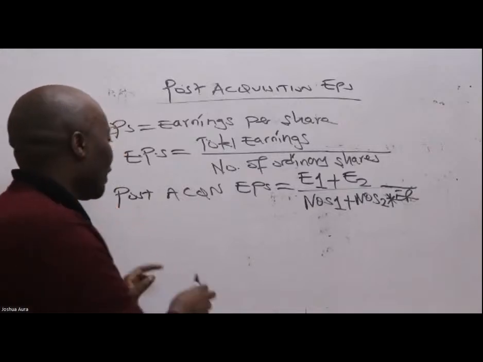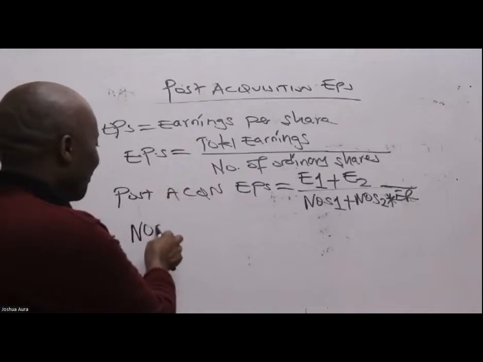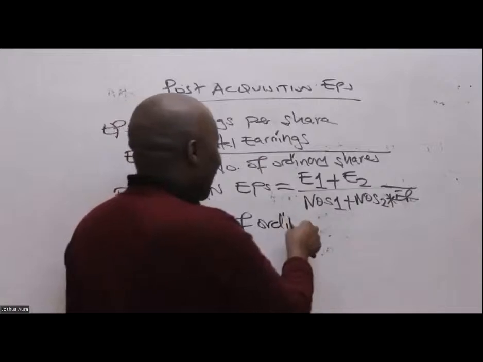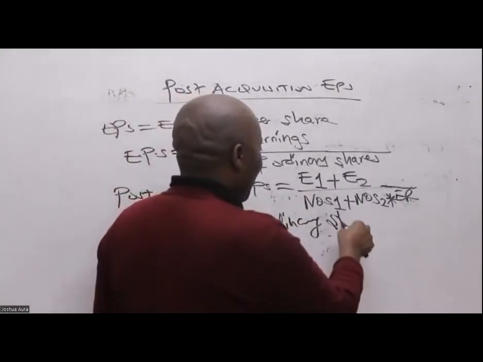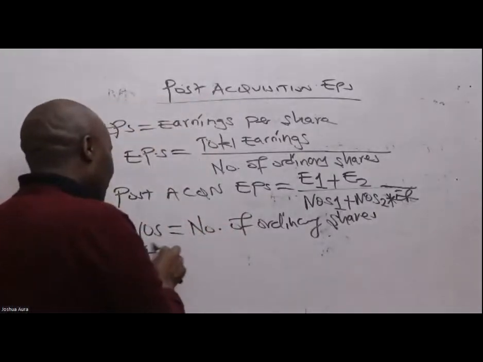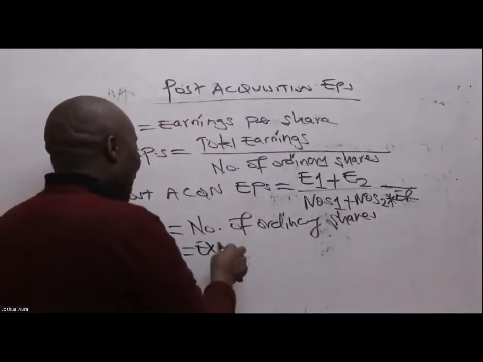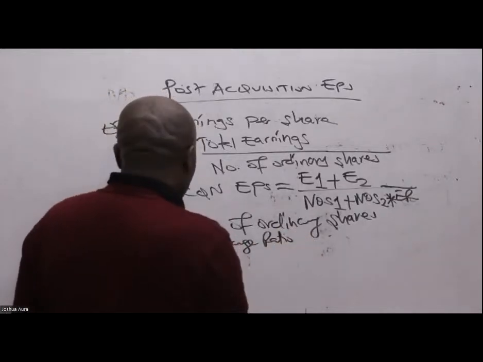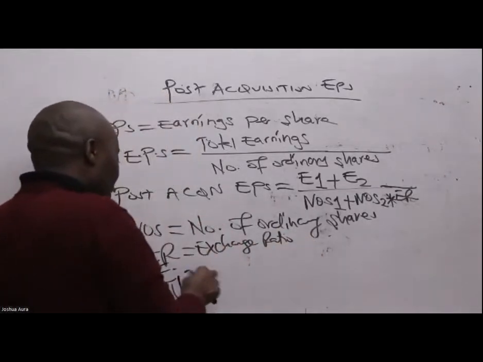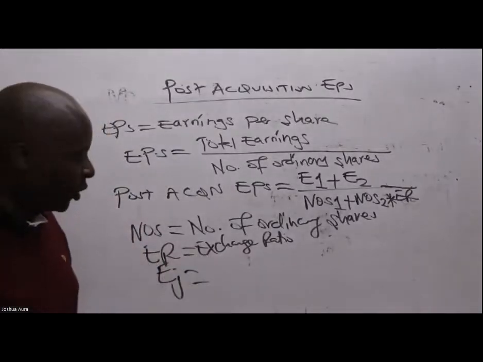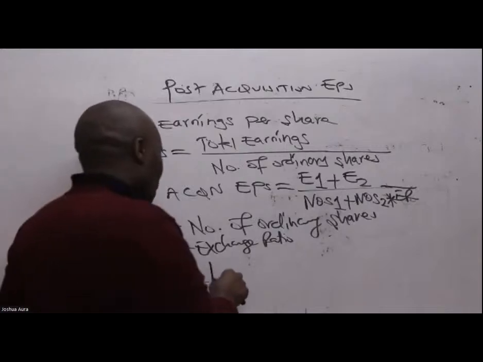So please don't forget that NOS stands for number of ordinary shares, and this ER stands for exchange ratio, and then we have EJ. J can be a number like E1, E2. So this EJ is the total earnings.